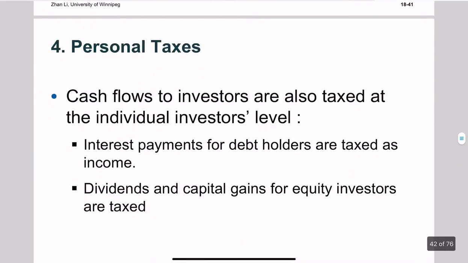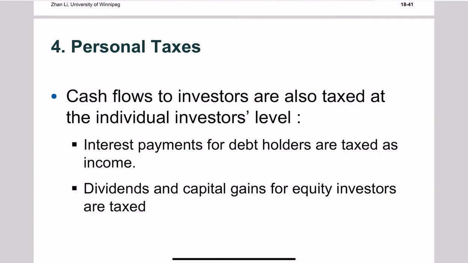Okay, now let's look at a second type of tax, that is personal taxes. Clearly, when you're talking about corporate tax, then you should talk about personal tax. Why? Well, because think about the valuation. As an investor, as an individual investor, you ultimately care about your after-tax cash flows from your investment, right?